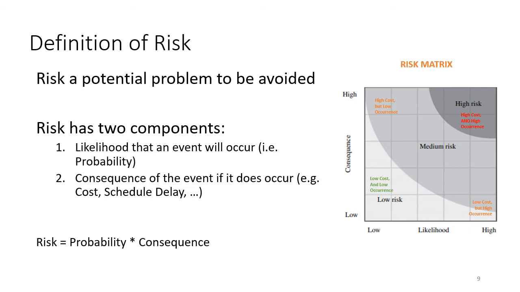The upper right-hand side is high cost and high occurrence. The lower left-hand side is low cost and low occurrence. The upper left has low likelihood, but a big impact. And the lower right-hand side has high likelihood, but low cost. As a consequence, you get three regions of high risk, medium risk, and low risk.